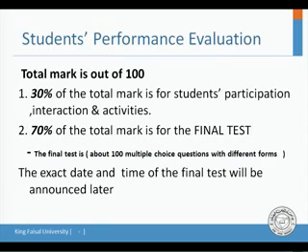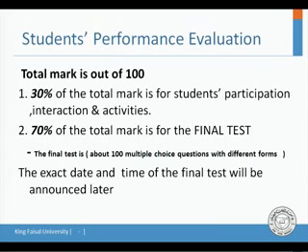How many times they enter the forum, how many times they interact with their friends and so on. So we have 30% of the total mark for the activity, the participation, and the interaction.